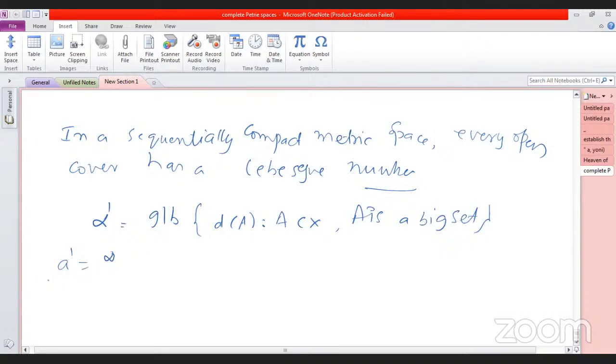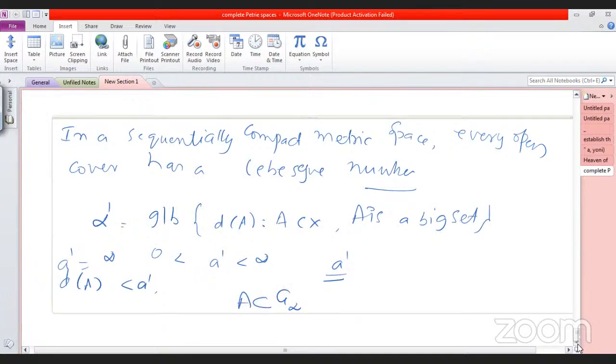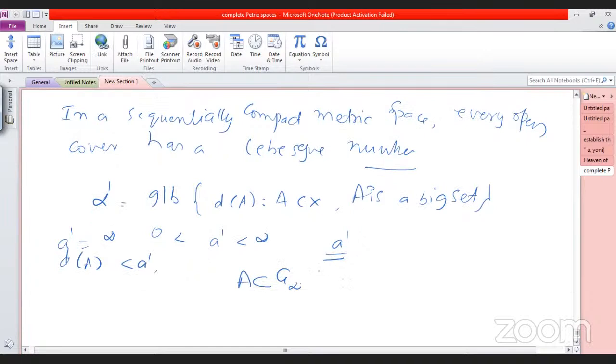Then every positive real number is a Lebesgue number. So therefore I am taking here 0 less than a dash less than infinity. Then a dash is a Lebesgue number, according to the third condition that d of A is infinity. Yes, if a set A has d of A less than a dash, then A is a subset of G alpha for some alpha.